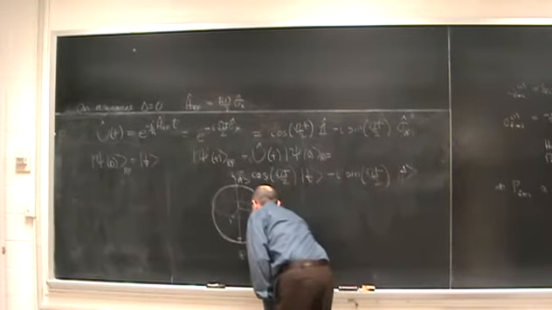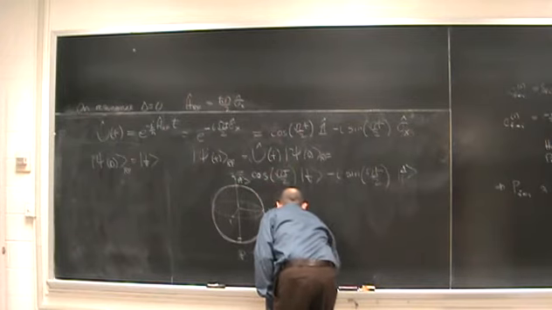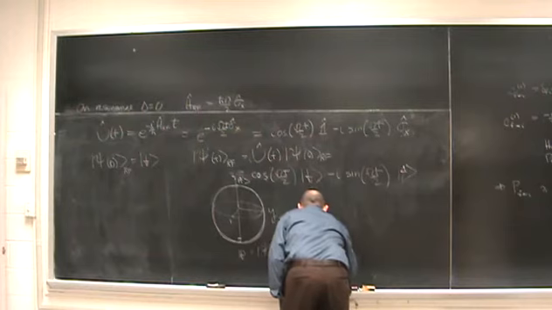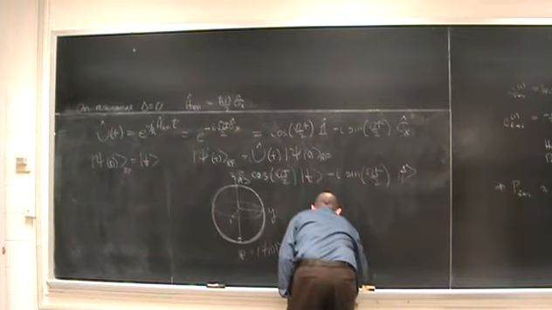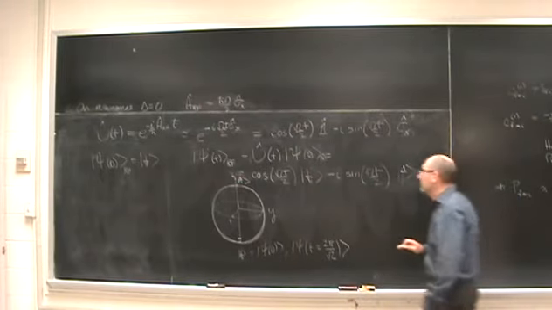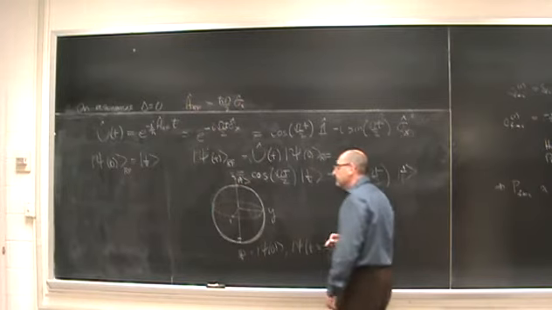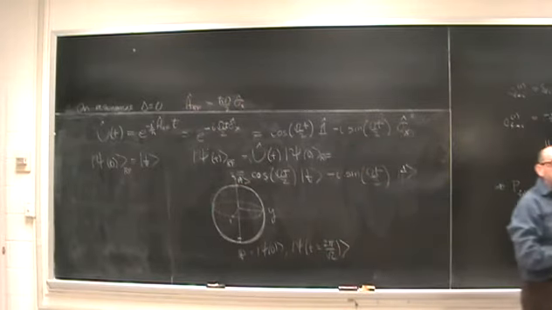This is the state at time t equals 0, and at time t equals 2 pi over the Rabi frequency. I mean, sorry, pi over the Rabi frequency. Yeah, 2 pi, yeah. Right?